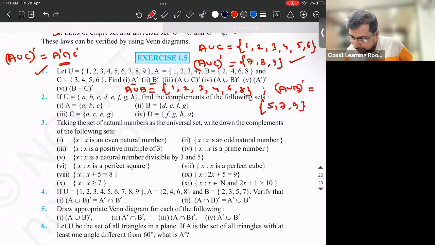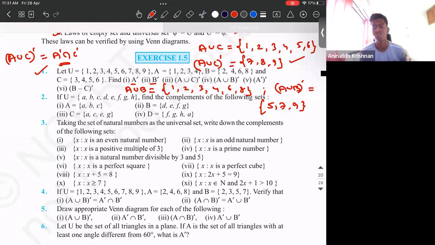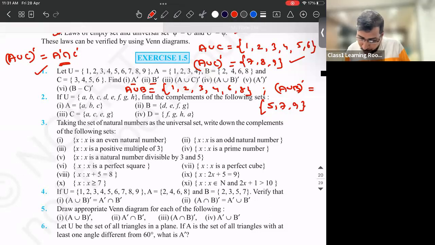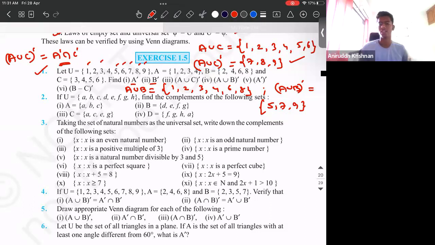So A union B, the whole complement, according to De Morgan's law, should be A complement intersection B complement. So you already wrote A complement, right? What is A complement? 5, 6, 7, 8, 9. What is B complement? 1, 3, 5, 7, 9.